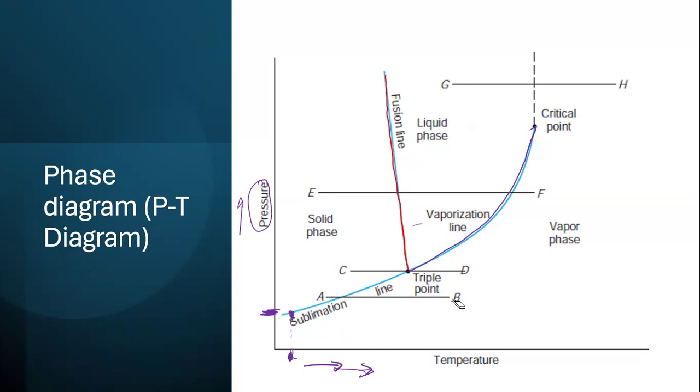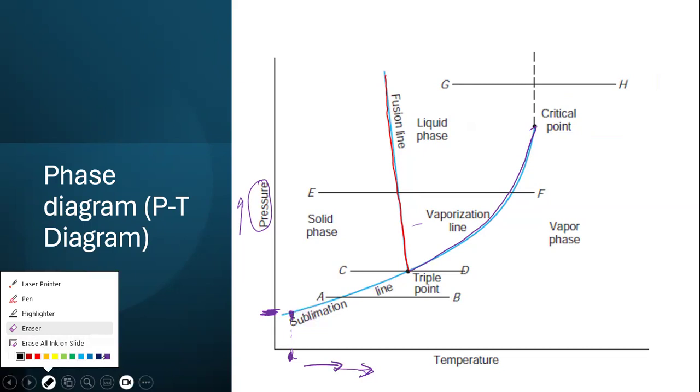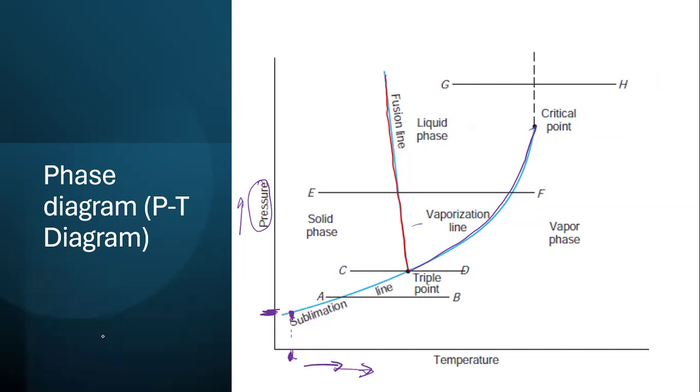At B, we have a vapor pressure because of sublimation. Why? Because we have low pressure and low temperatures of our solid. Obviously, if something is under low temperatures, it could be solid most of the time. So this solid will turn into vapor, just like we explained on the previous slide. I hope that makes sense.